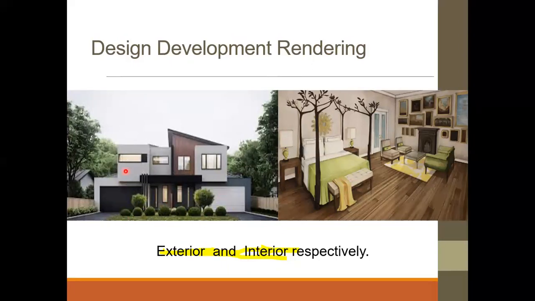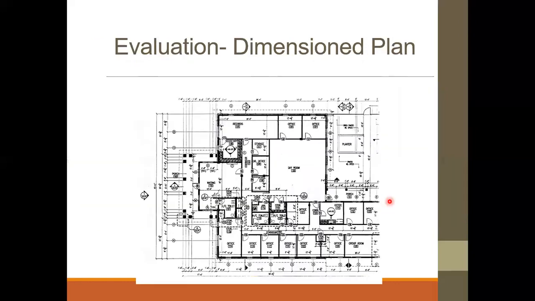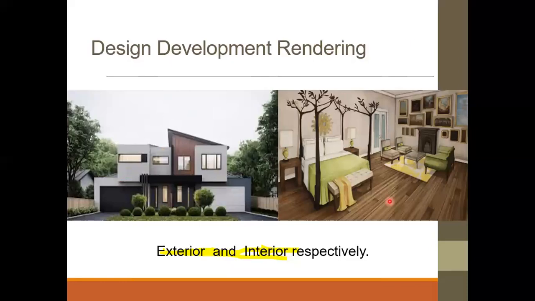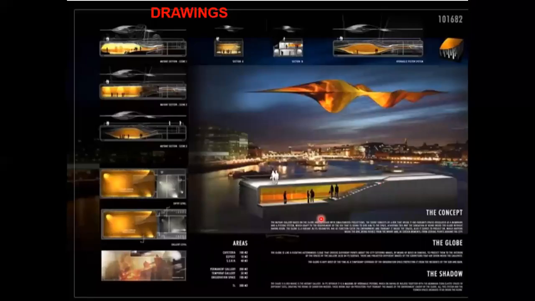This is the front elevation of the building, and this is one of the interior views for further better understanding of design. After completing our two-dimensional drawings in the form of plans, elevations and sections, we shift towards the interior and exterior views of the building. This is one of the composed sheets that shows your design concept, analysis, and set of drawings within the particular project.